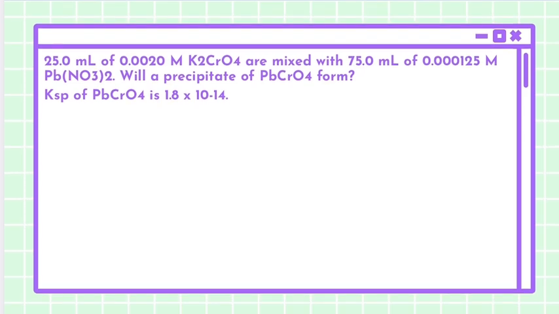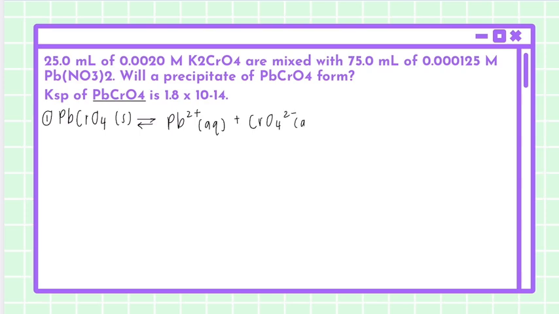So looking at this math, we have a KSP of PbCrO4. My first step, I'm going to make sure that I break that down into its components. In this case, it's going to be equilibrium arrows, with Pb2+ as aqueous, and CrO4 2- also as aqueous.